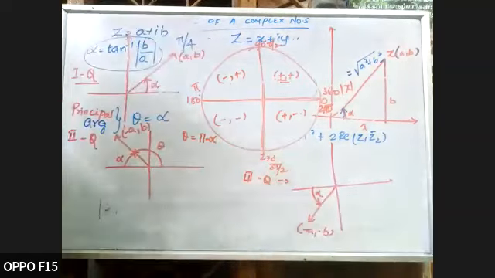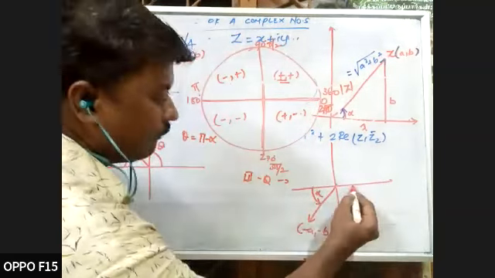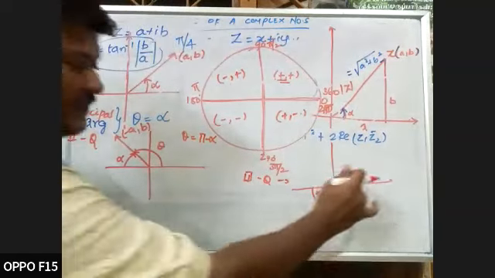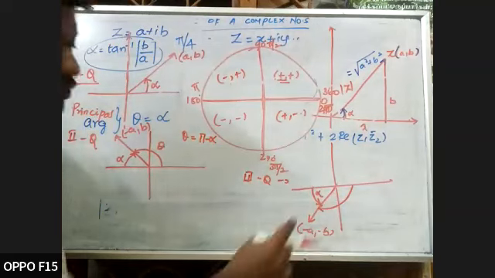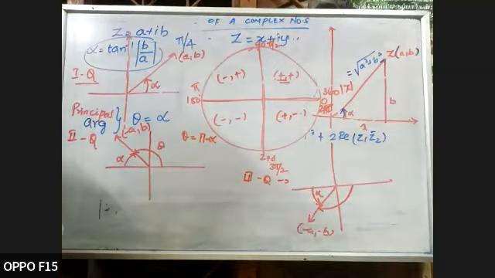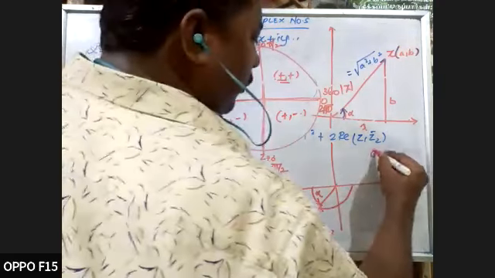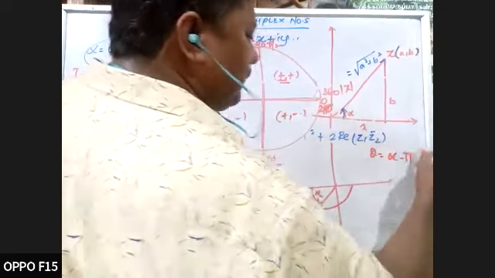This is called alpha. What I need is theta from this x axis. The total angle from here to here is pi. What is it? Any doubt? Alpha minus pi, very good. I can write this as alpha minus pi. Therefore your principal argument theta is equal to alpha minus pi.